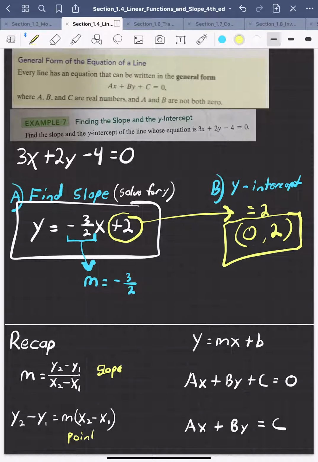You start here. If you're trying to figure out what the slope of that line is or what the y-intercept of that line is, like the previous problem, then you want this form right here, the slope-intercept.